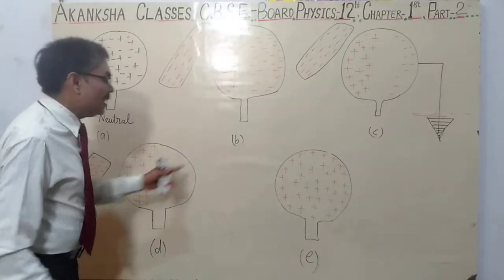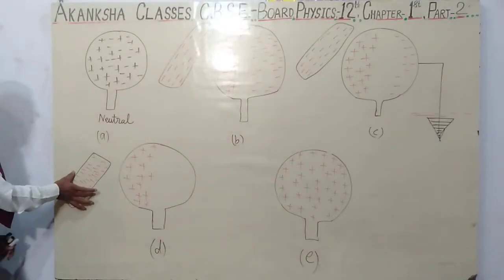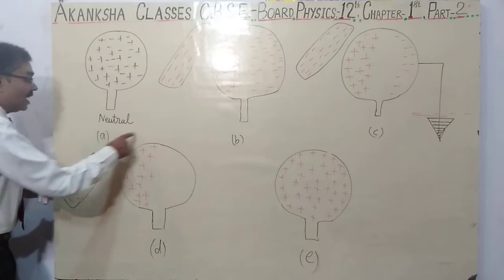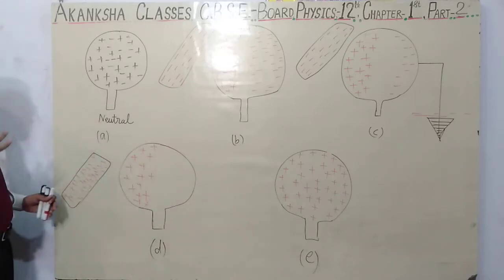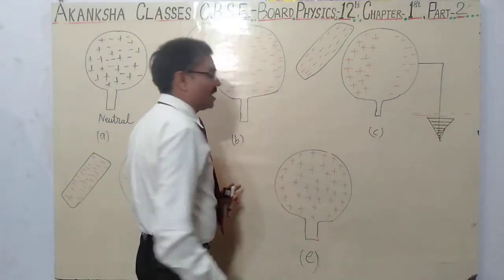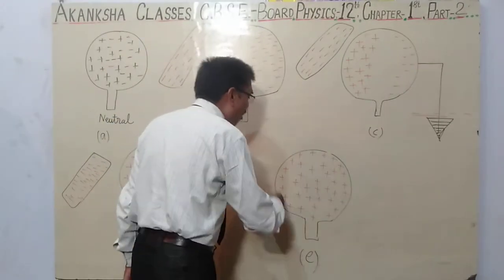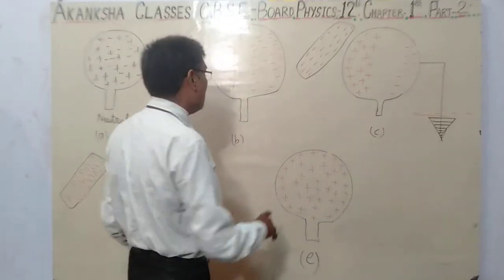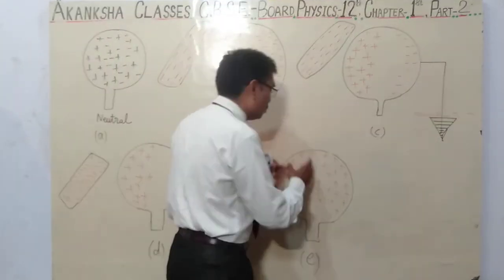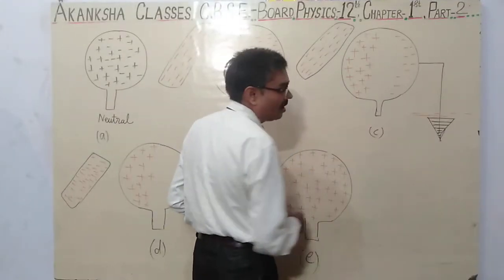But in the final figure, if we remove this negatively charged body that is kept near the metallic sphere, we will find that neither a force of attraction nor a force of repulsion is acting on the metallic sphere, and the positively charged particles have spread throughout the metallic sphere, and this has become a positively charged object.